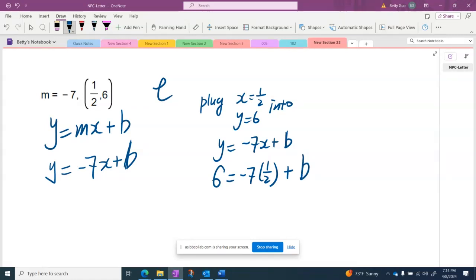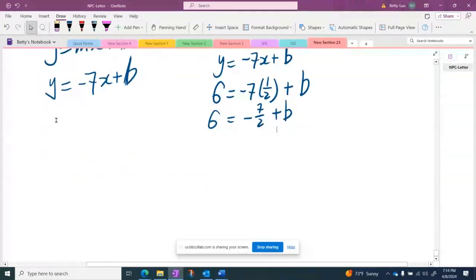Be careful, your 6 and the b, write them in a formal way. Do not confuse one with the other. And we have 6 here, 7 times one half, that is 7 halves, plus b. And we have b equals 6 plus 7 over 2.